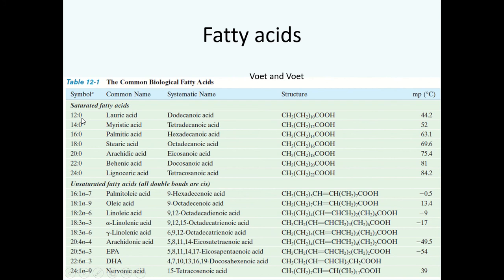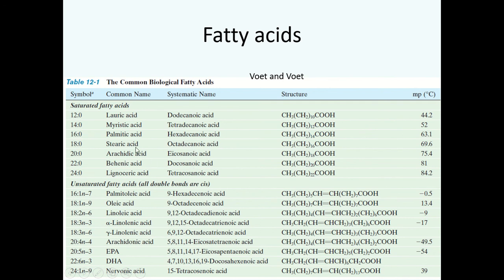After the colon, the second digit shows the number of double bonds in this molecule. So the saturated fatty acids are represented here, and the unsaturated are represented here. The common names of these fatty acids are listed in this column, and these are the systematic names of these fatty acids.